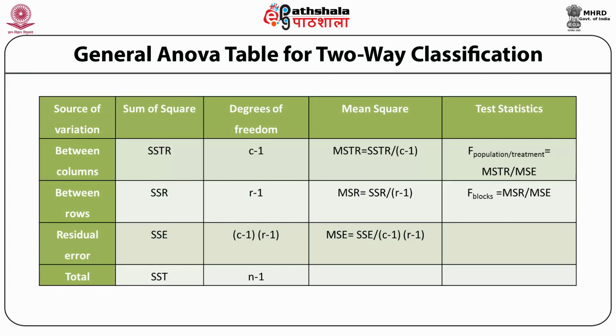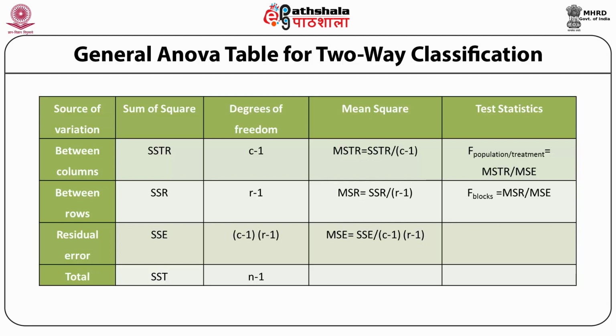In the sources of variation, we can see three parts: between column variation, between rows variation, and then the residual error. In the sum of squares, SSTR is the sum of squares between columns and SSR is the sum of squares between rows.